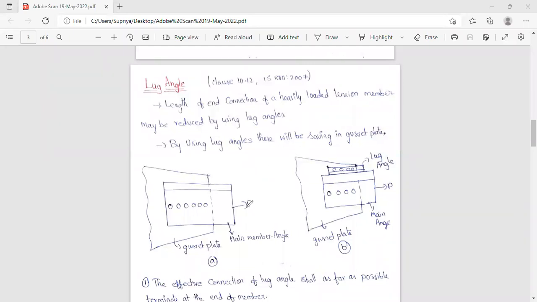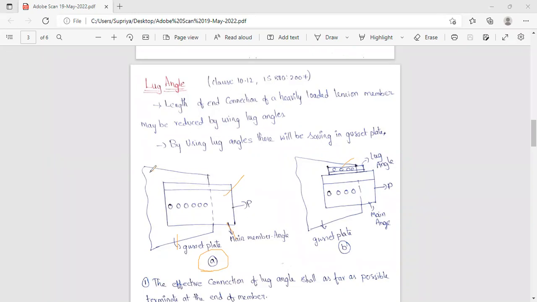Okay, so these are the main things we have to remember in the lug angle: gusset plate, main member angle, and lug angle. So figure A shows when you use only the gusset plate and main member.